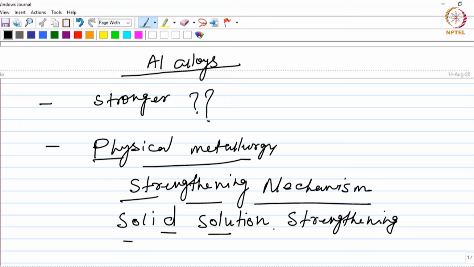So let us try and understand as to what is the mechanism of strengthening in the aluminium alloys.